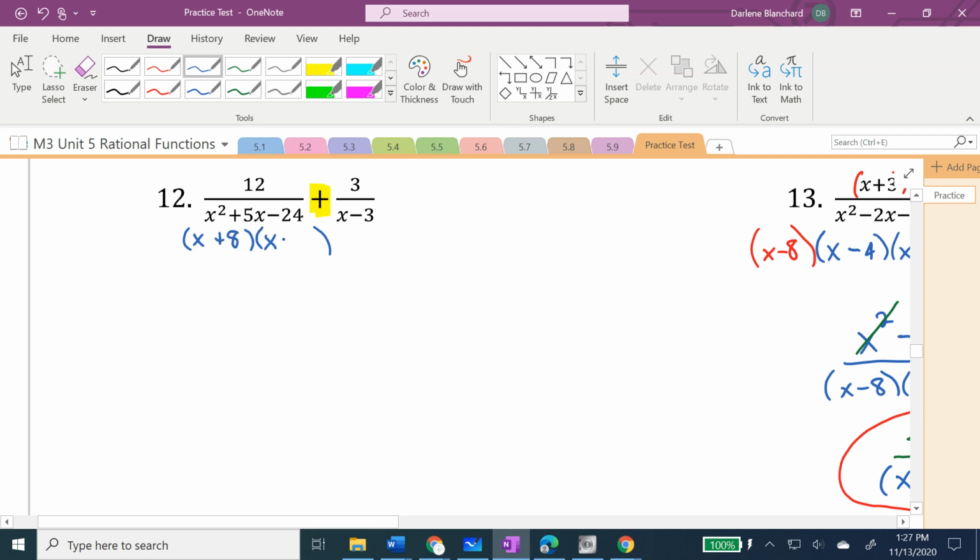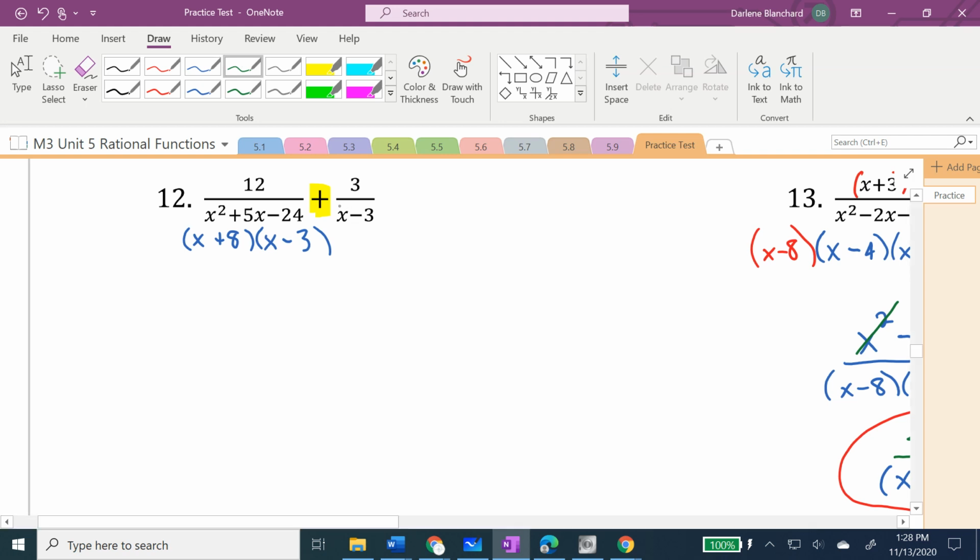Did some of you get that? Positive 8, negative 3? So now, to get the common denominator, each denominator needs to look at each other and ask, what do they have that I don't have? The first denominator says, you don't have anything I don't have.